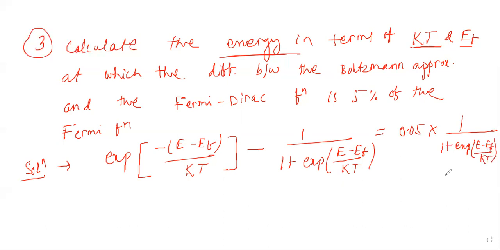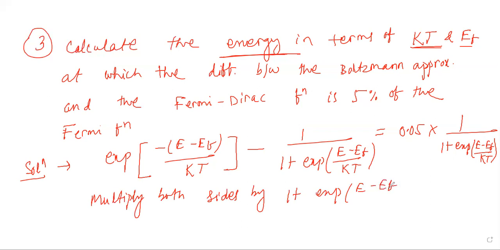This is a little bit lengthy, so I'm just trying to do it. We multiply both sides by 1 plus exponential of (E minus EF) by kT. The objective is that this lets us simplify one side.